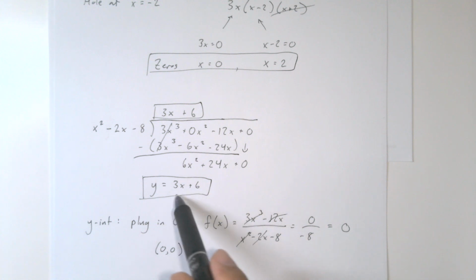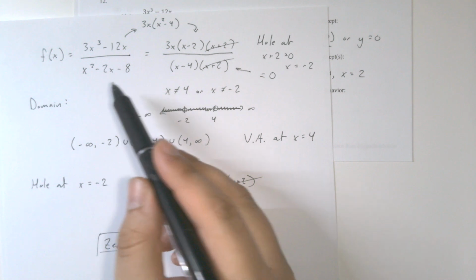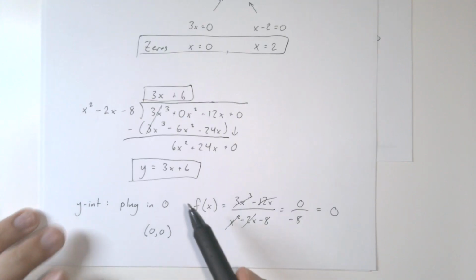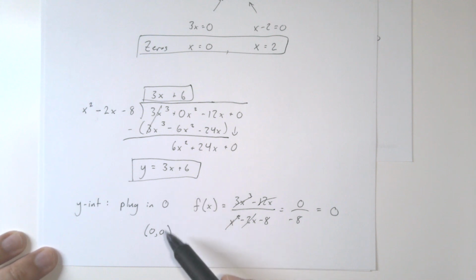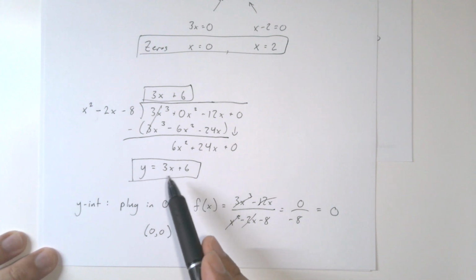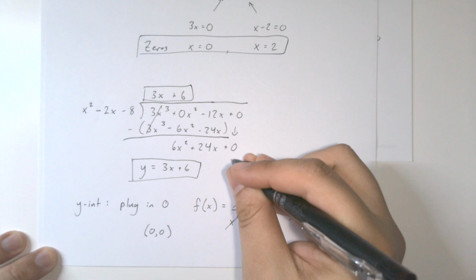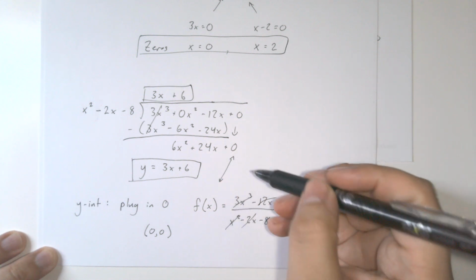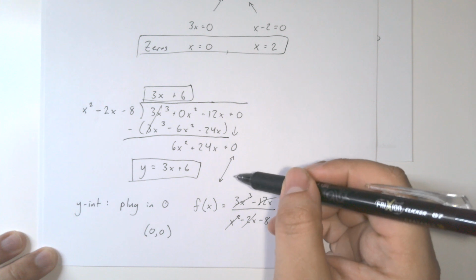So if we know the end behavior of this function, then we know the end behavior of our full rational function. And so this function, remember, the parent function is y equals x. This just has a positive slope of 3, and it's been shifted up 6 units, but basically it's going to be shaped like this.